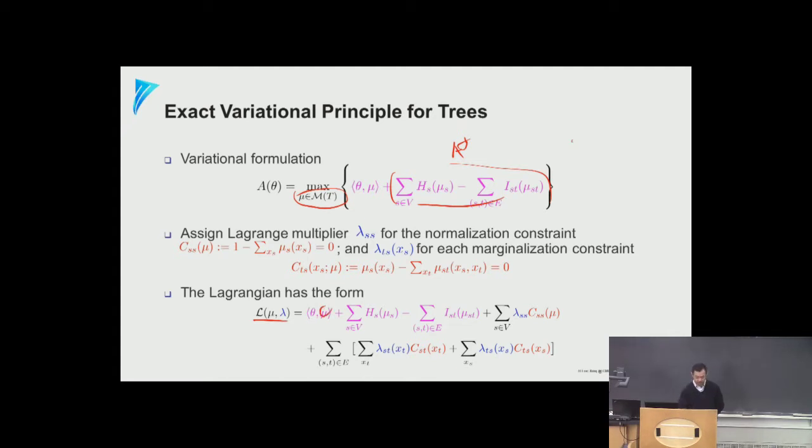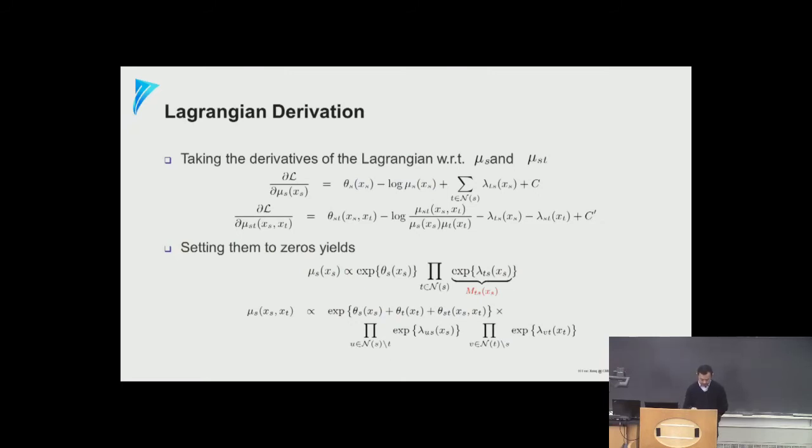The mu's correspond to xi and also xi and xj. Right? And this is some algebra which basically gives you the solution like this.